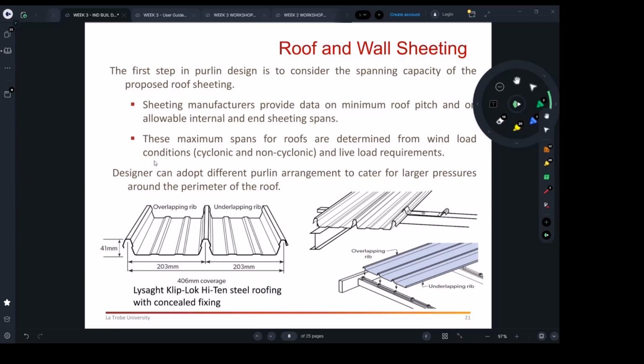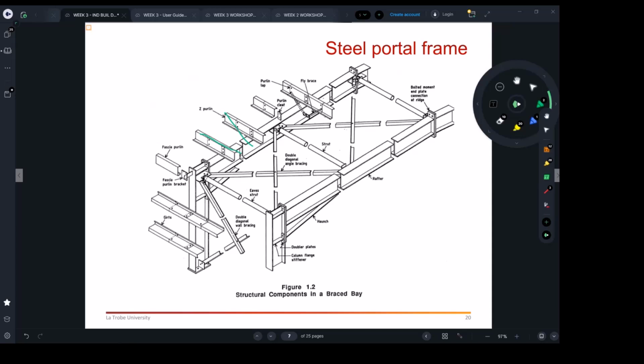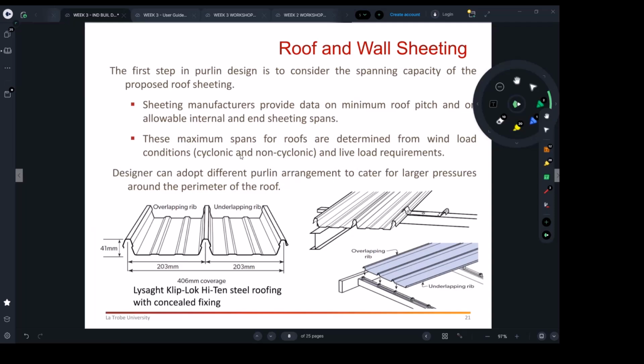But if not, you just need to go through some manufacturer's tables and decide, because it depends on the span, how far apart the purlins are. If they are 900 spaced, you can have a particular type of sheet. If the 900 goes to 1.2 meters, a bigger span, then the sheets need to be stronger.